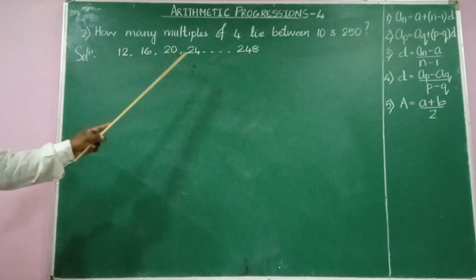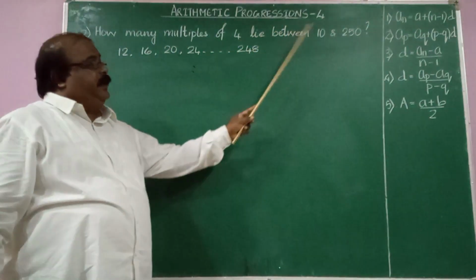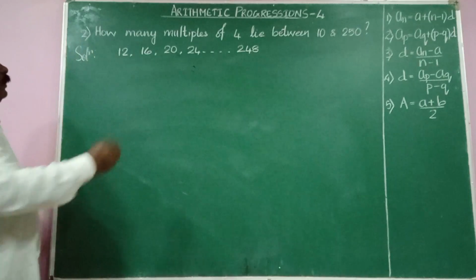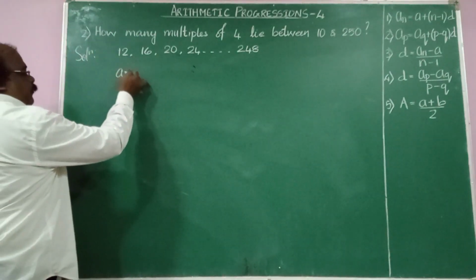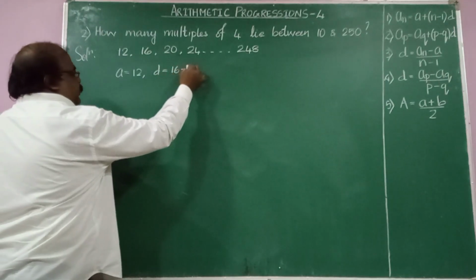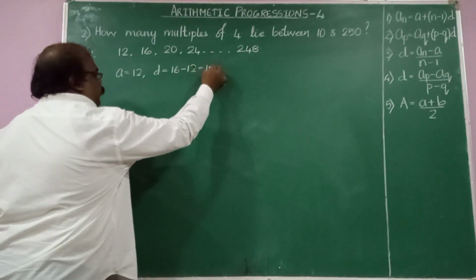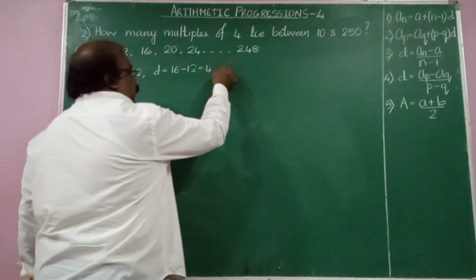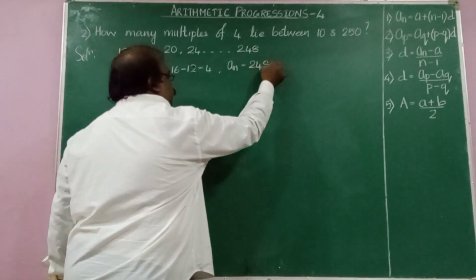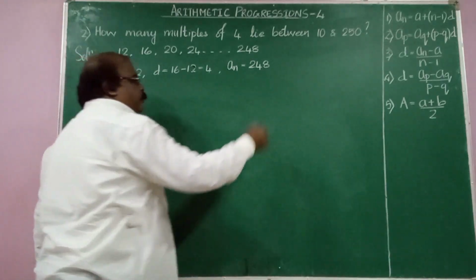So these are the multiples of 4 that lie in between 10 and 250. What is given is a equal to 12. What is the common difference? 16 minus 12, which is 4. I know that the nth term is 248.